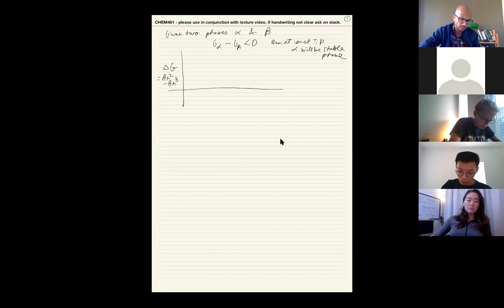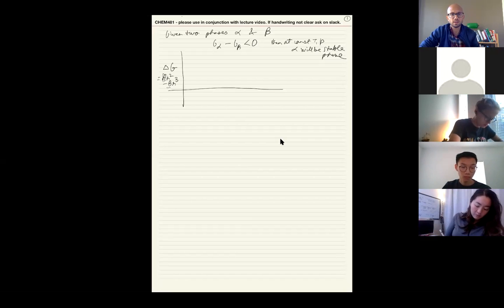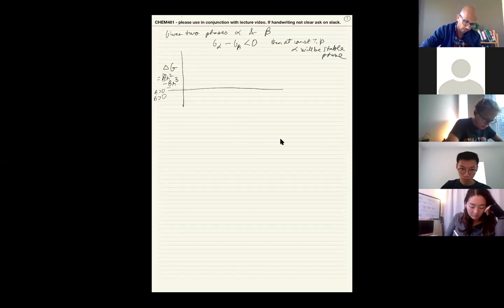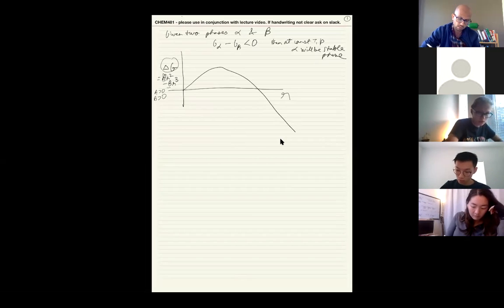The idea being that the free energy dominates for the new phase to form, but there is a surface energy term which goes as the surface area of the boundary between the two phases, which has a cost. And if A is positive and B is positive, then in this regime, this curve of delta G versus R looks something like this.